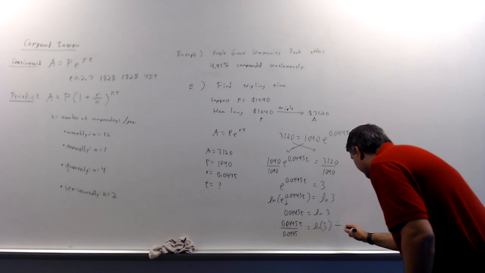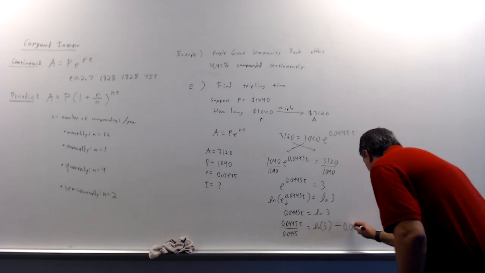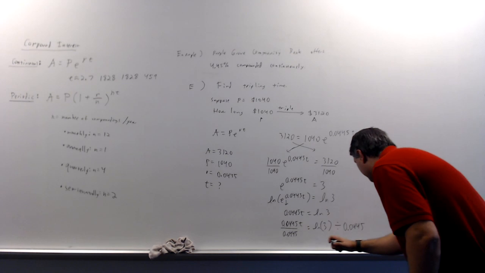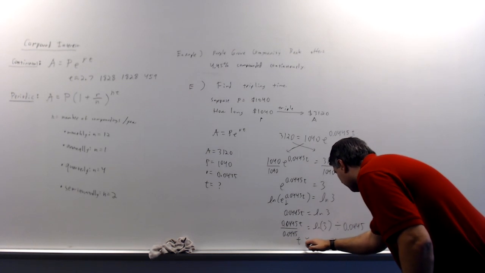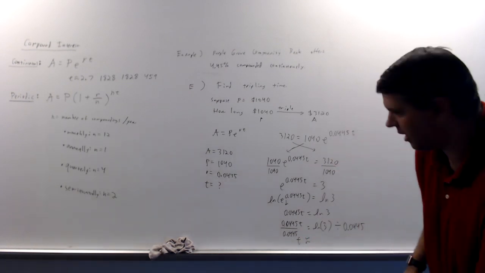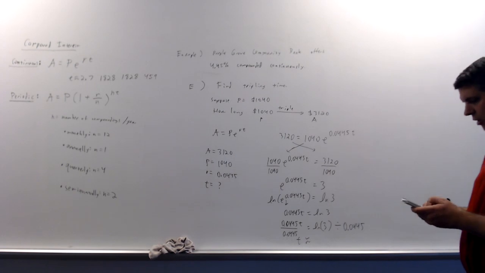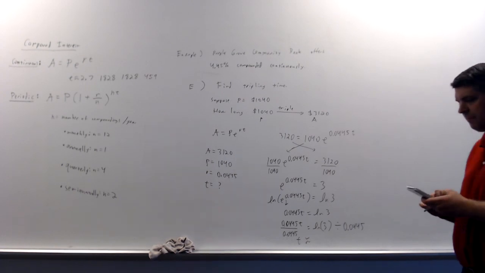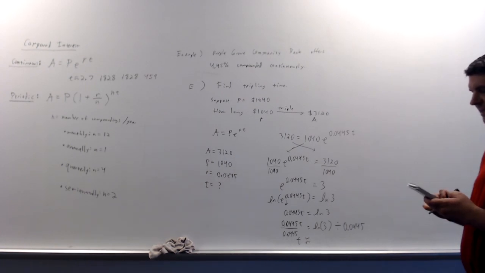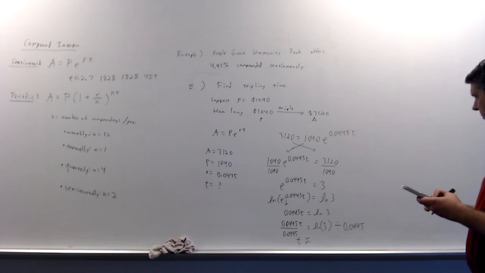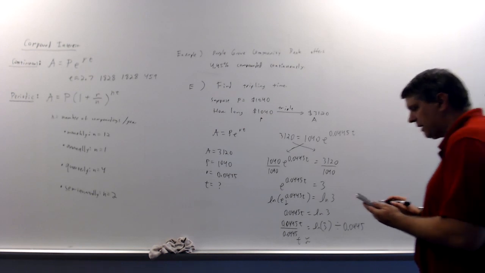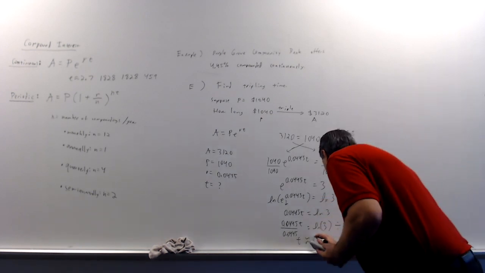I'm going to put it in parentheses and just use a division symbol. So natural log of 3, hit enter or equal. I'm looking at 1.0986 and so on, divide by the 0.0445. I'm looking at approximately 24.7 years.